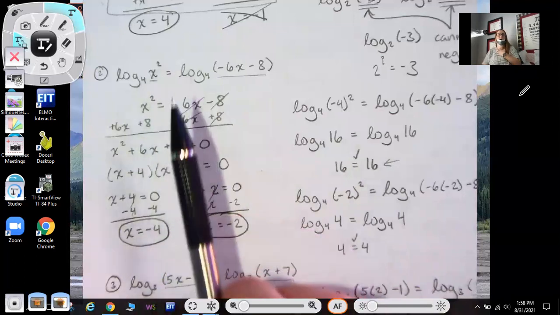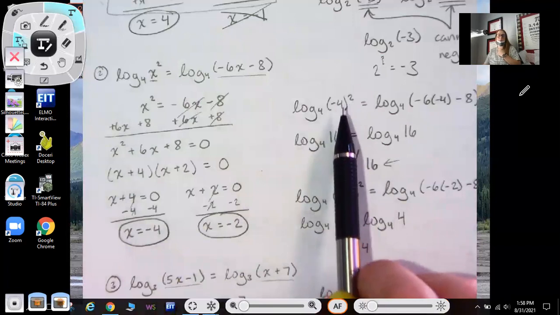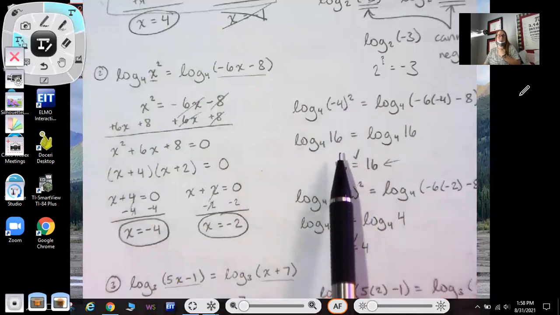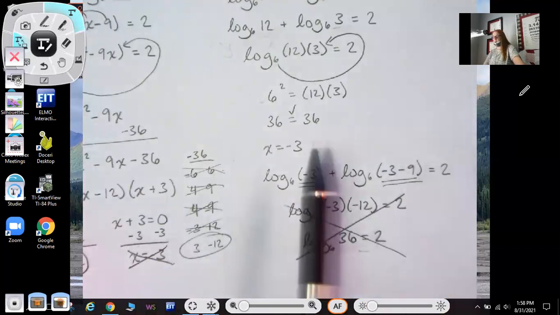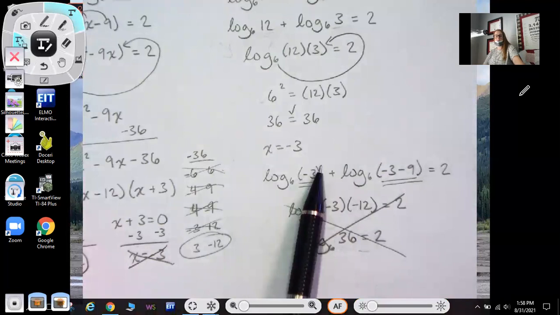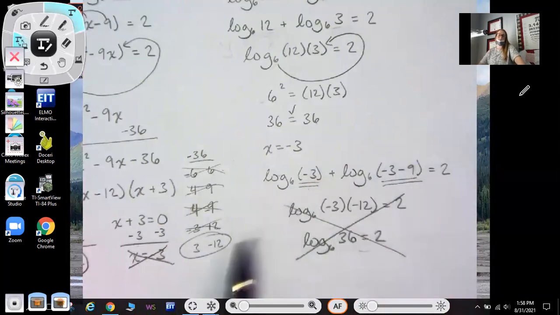We didn't have to use a property to force that to happen. It happened because that's how it's written in the problem, and that's fine. It's when we would have to use a property of logarithms in order to force this to become positive. That's what we don't want to do. Now, if this -3 had an exponent of 2 on it, and this over here turned out to be positive as well, then that's fine. But because we had to use a property to force it to become positive, that's a no-go.